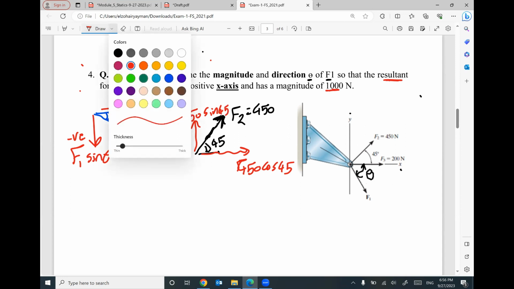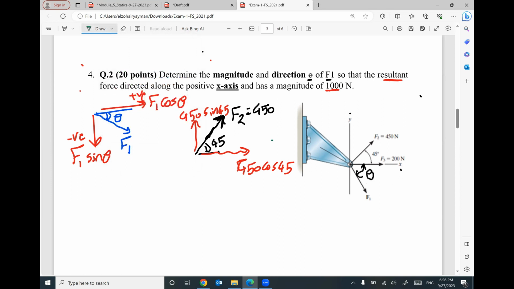The horizontal component will be 450 times cosine 45, which gives you 318.2 positive. The vertical one also will be 318.2 positive.